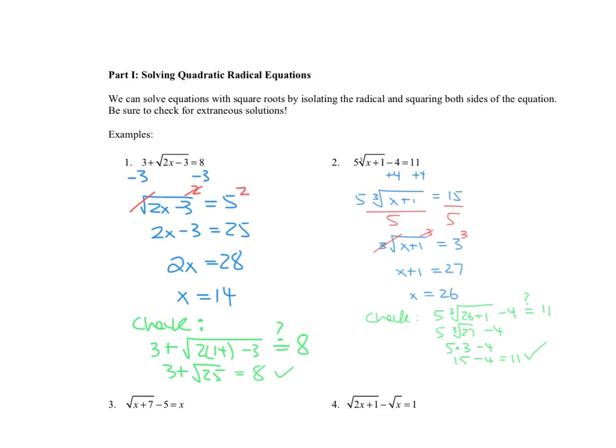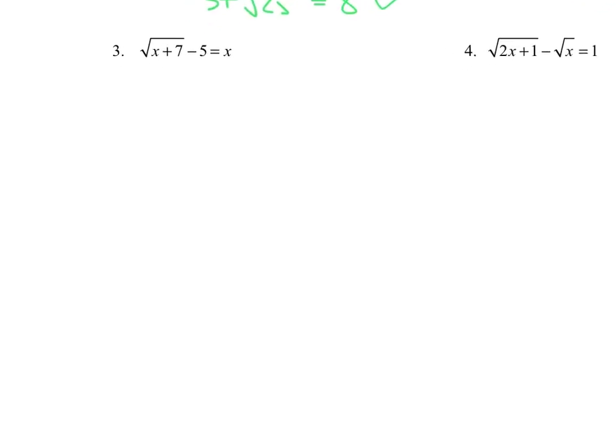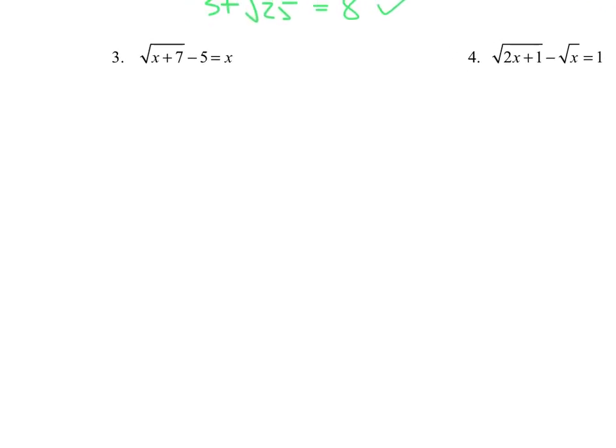Okay. The next example gets a little trickier. In this one, we're going to move the 5 over to the other side to isolate the radical, and we end up with the square root of x plus 7 equals x plus 5. And now we're going to square both sides, but when we square the right side, we have to multiply a binomial.